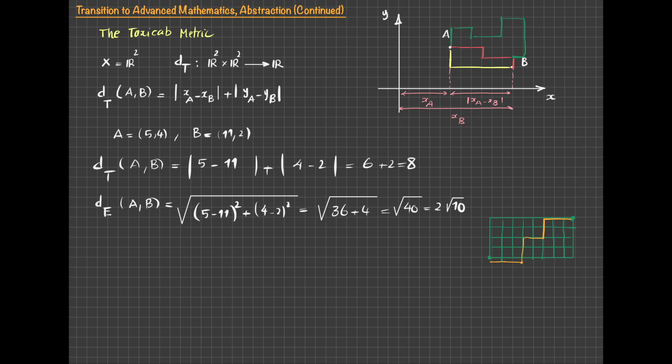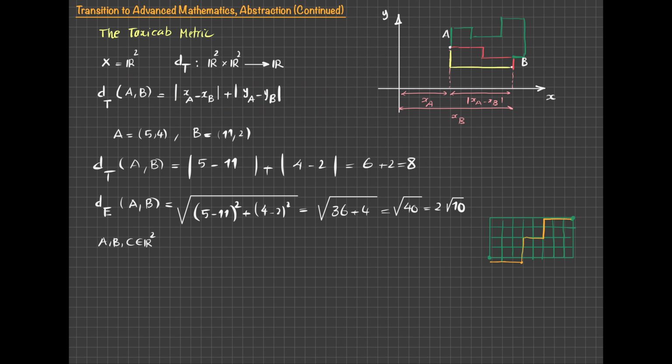symmetric function. Of course, as usual, the harder part is to convince ourselves that this satisfies the triangle inequality. So what we do, we assume that a, b, and c are arbitrary points in the plane.